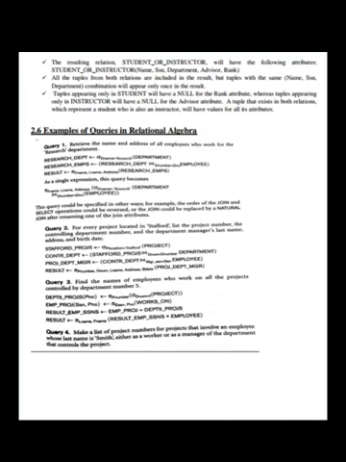The resulting relation student or instructor will have the following attributes: name, SSN, department, advisor, rank. All the tuples from both relations are included in the result, but tuples with the same name, SSN, department combination will appear only once in the result.